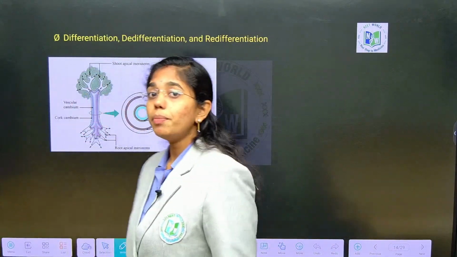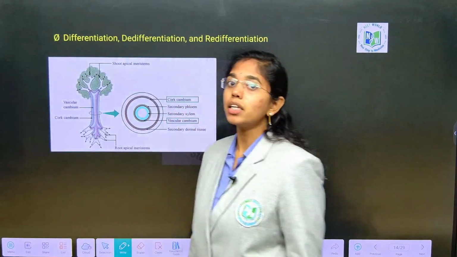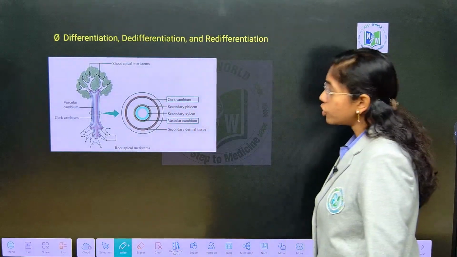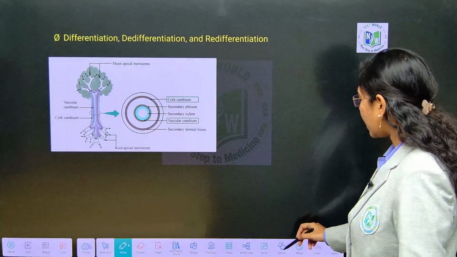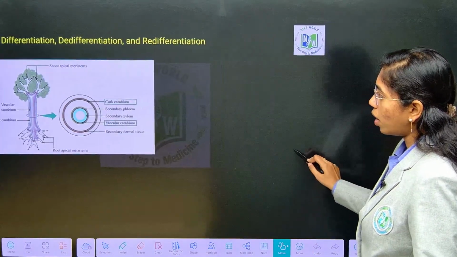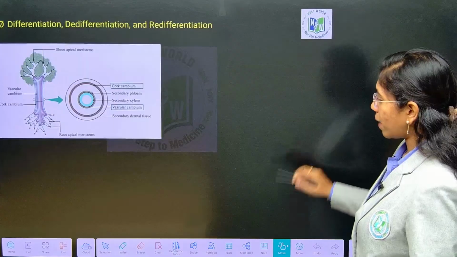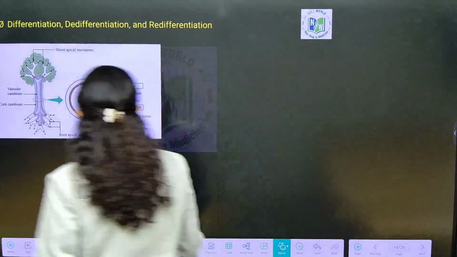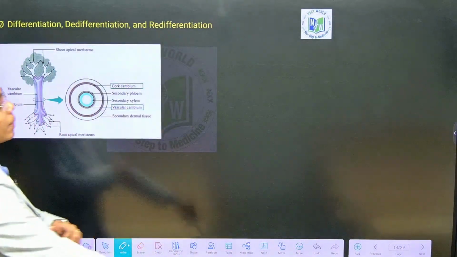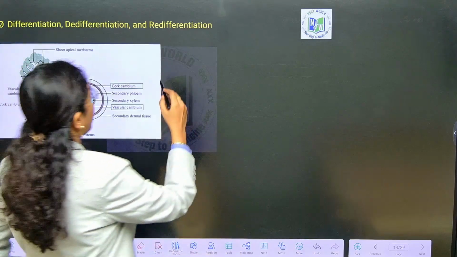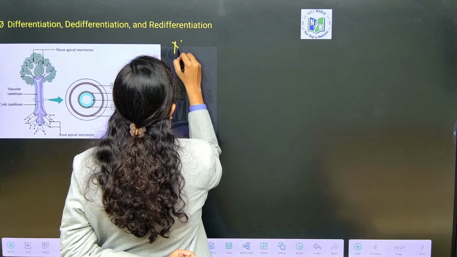This concept will be asked in connection with anatomy of flowering plants, for which you should have a clear idea on the anatomy of flowering plants as well. So, here if you consider firstly the meristematic regions of the plant.